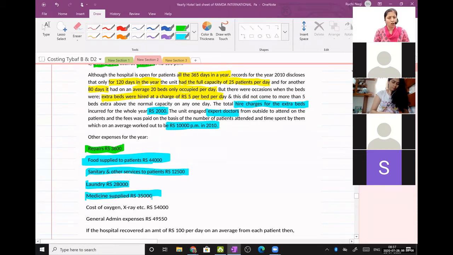Okay, cost of oxygen and X-ray. Cost of oxygen and X-ray. Okay, variable. Priyanka, Nikita, Ranjana, Nishant, Shubham are saying it's variable.